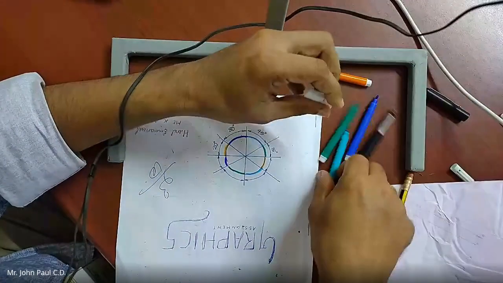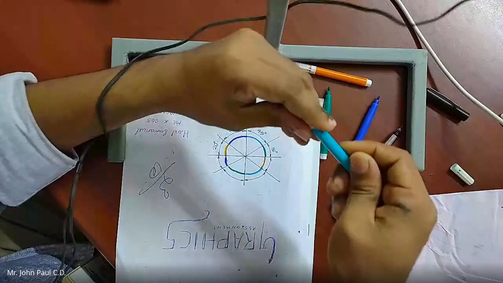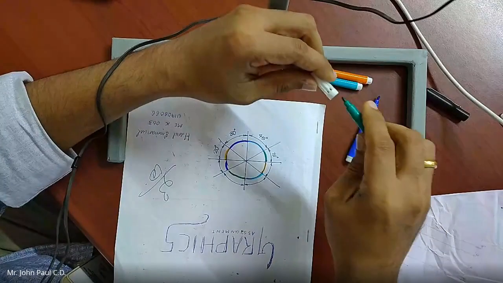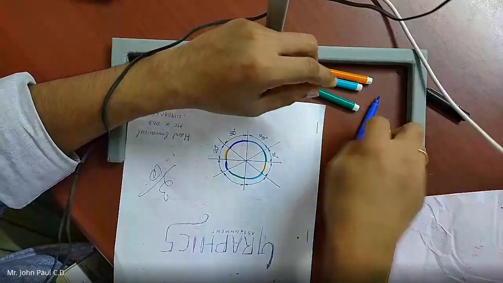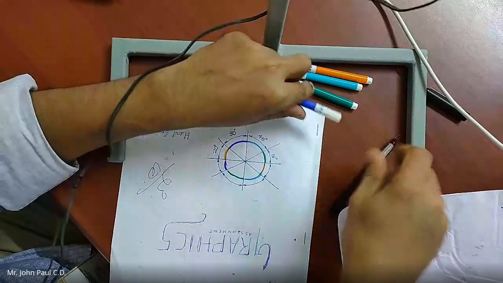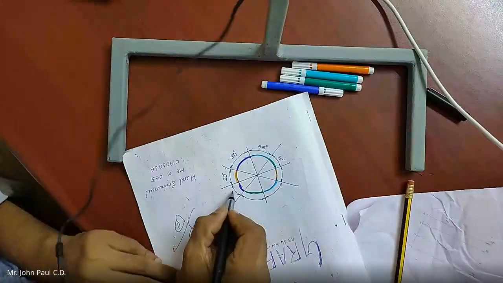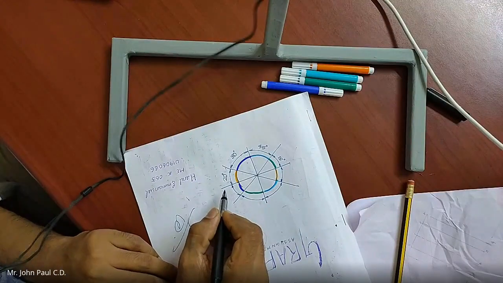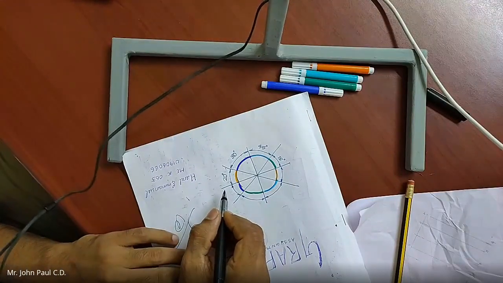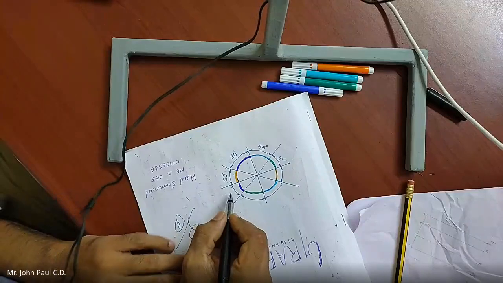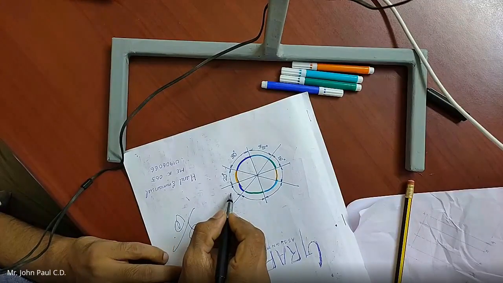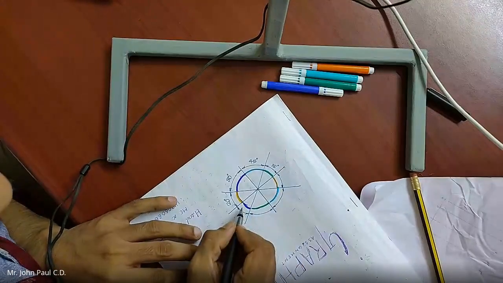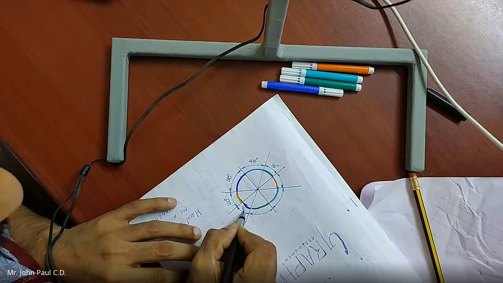I have already marked half of the dimensions. Then where do you think I should mark the dimension? Here? Can you see this? Yes, sir. Can I mark the dimension here? No. You should mark the dimension above the dimension line.